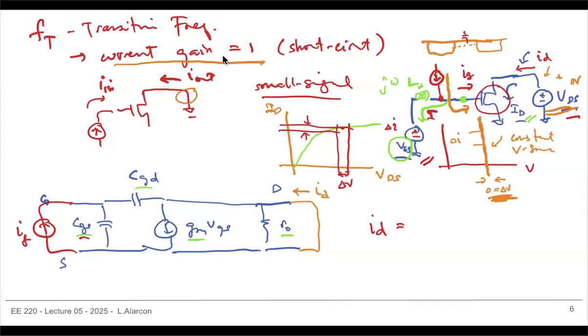Since this is a short, let's say this is ground, there's no current flowing through the output impedance, because there's no small signal voltage across RO. So all of this current is approximately gm times VGS. Approximately all of that. So now what's VGS? If this is VGS, and notice that since this is a short, this is also VGS.